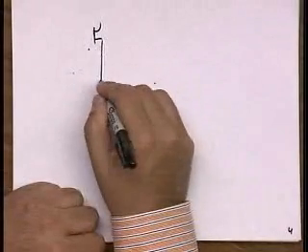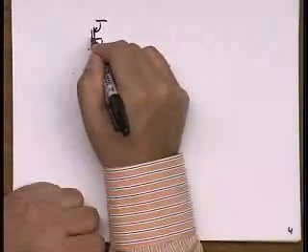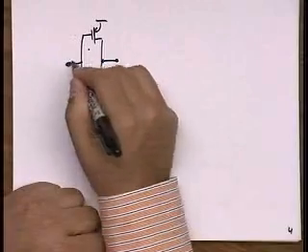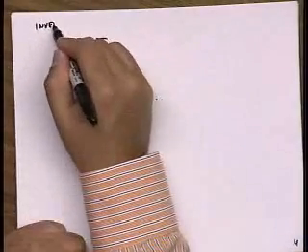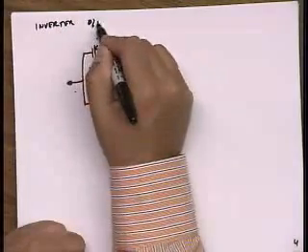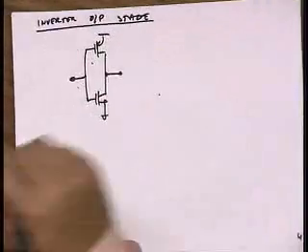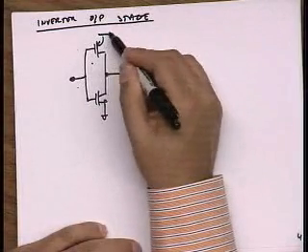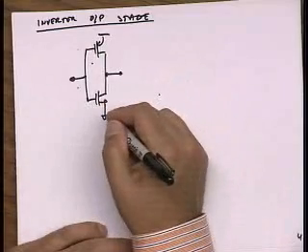Take an inverter, and use it as an output stage. Now I can swing all the way up to a VD-SAT away from supply, above and below.